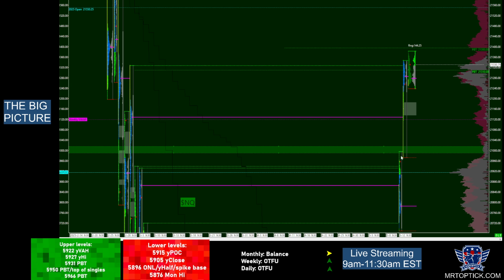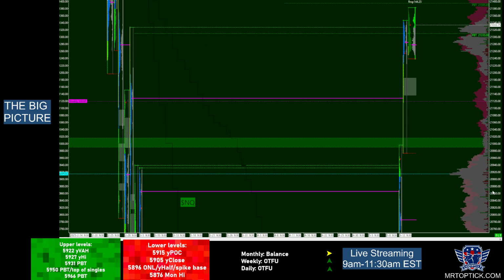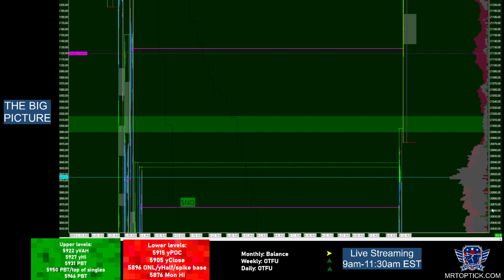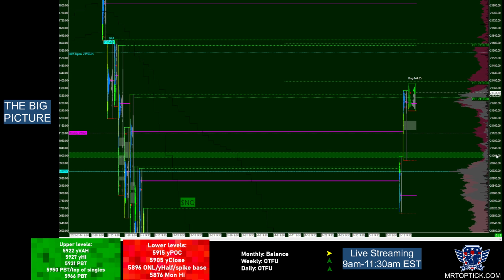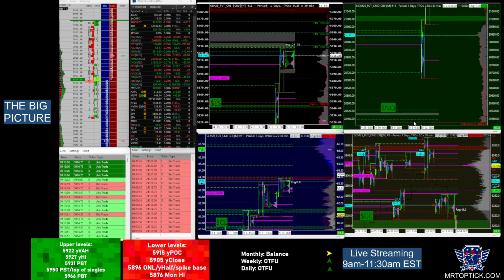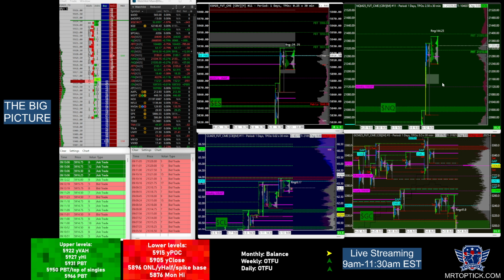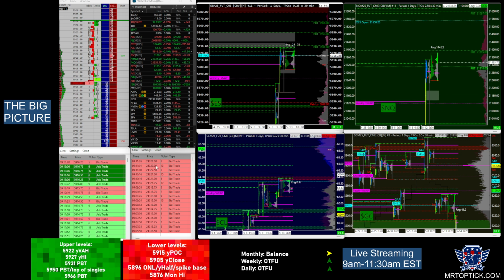And then from there, this high volume node at 20,915. And as you can see, the bulls are still in control. We're seeing a lot of buying. Every bounce, every move down keeps getting bought up.